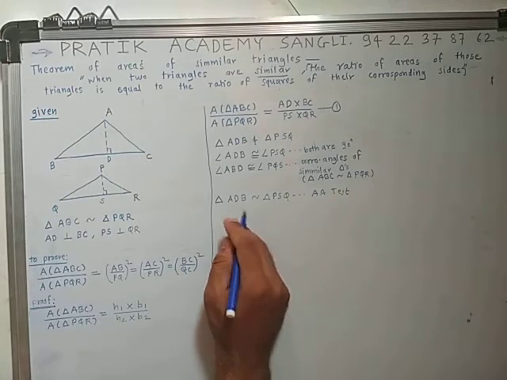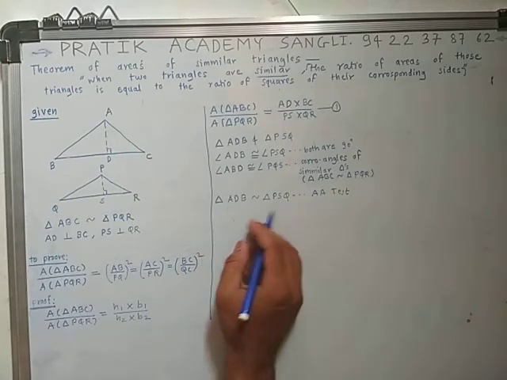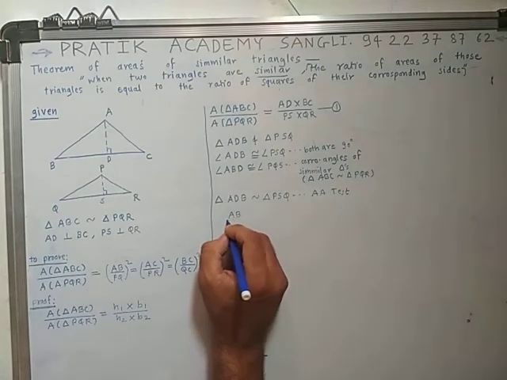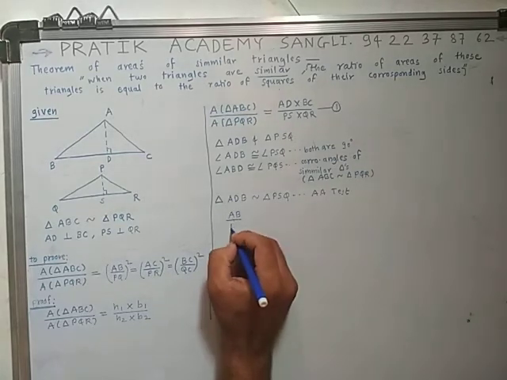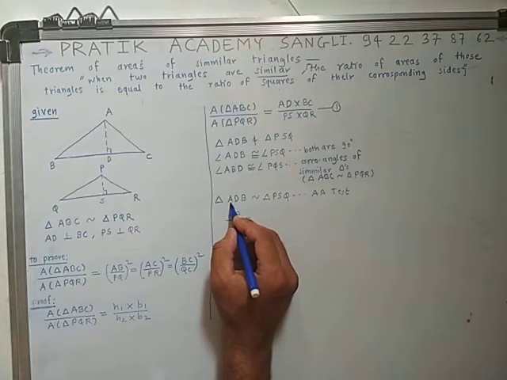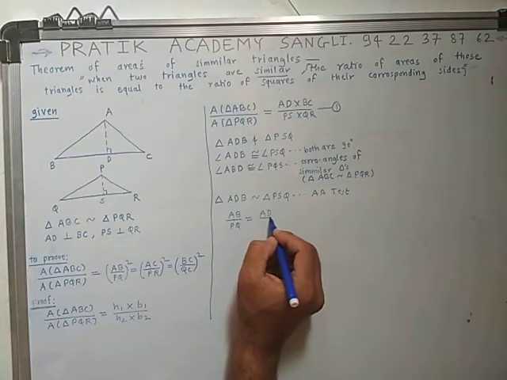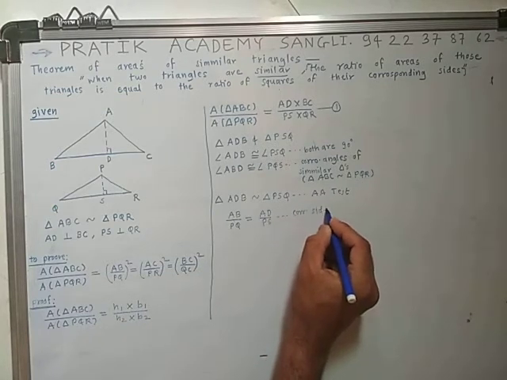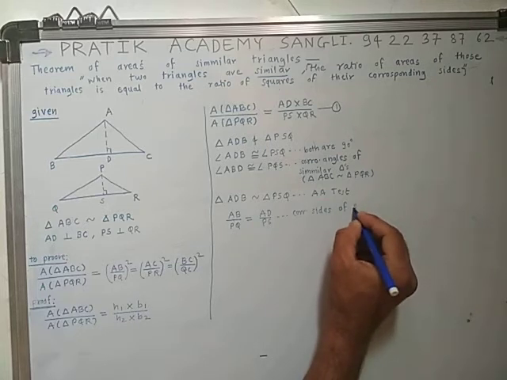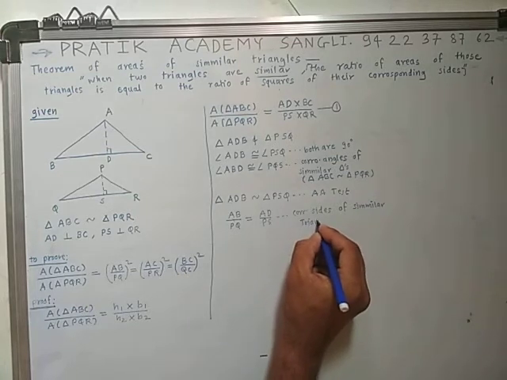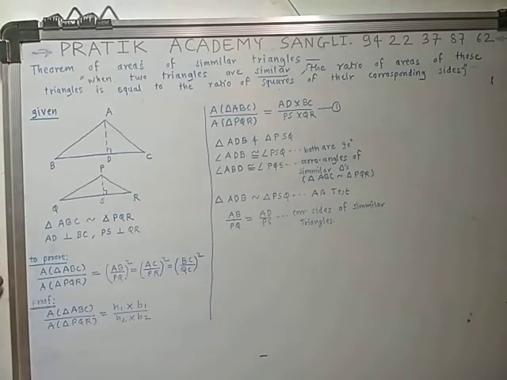Now we know that if triangles are similar, then the ratios of corresponding sides are the same. Therefore AB upon PQ is equal to AD upon PS, because they are corresponding sides of similar triangles.